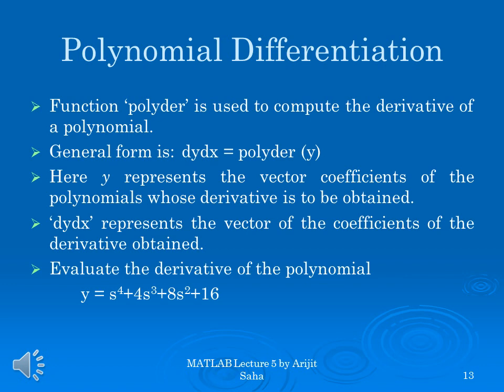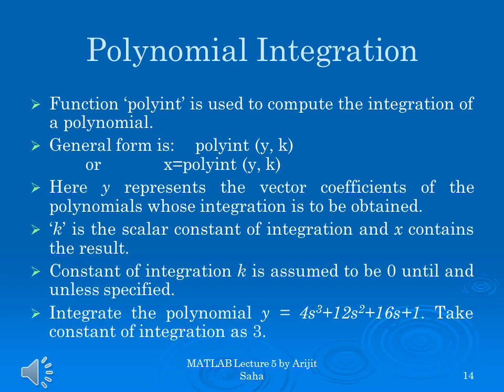If we want to differentiate a polynomial, the simple function is polyder. The general form is dydx equal to polyder(y). Here y represents the vector of coefficients of the polynomial whose derivative is to be obtained. dydx represents the vector of the coefficients of the derivative obtained. On the other hand, for integration of a polynomial, the polyint function is available in MATLAB.